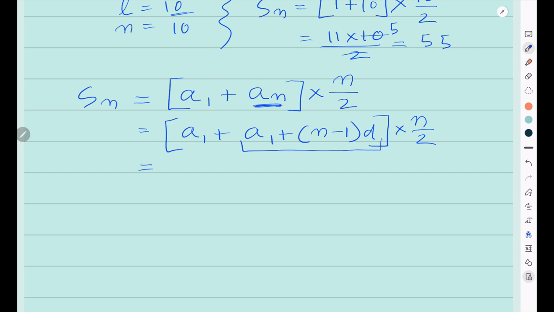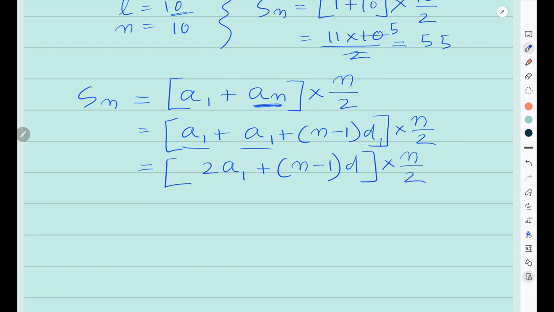This is an. Let me just take it out because it's not a part of the formula. So what we actually get here is 2 times the first term plus (number of terms minus 1) times the common difference, everything multiplied by n by 2.